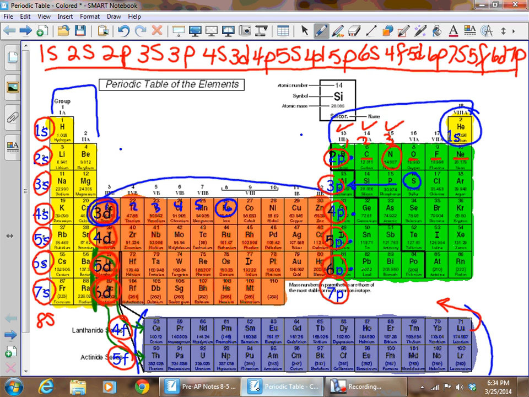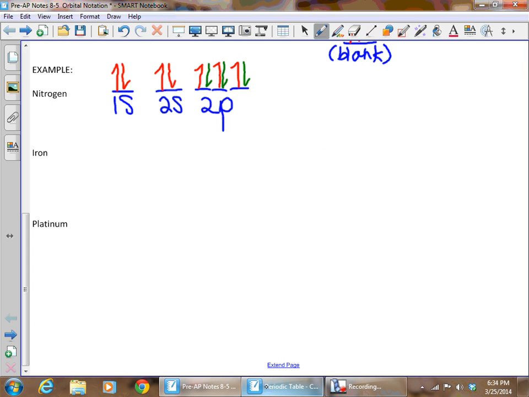We are going to write down all of the sublevels up to and including the 3D for our orbital notation. So as we go back here, and you can follow along with your periodic chart, we are going to need a 1s, a 2s, a 2p, a 3s, a 3p, a 4s, and a 3d.